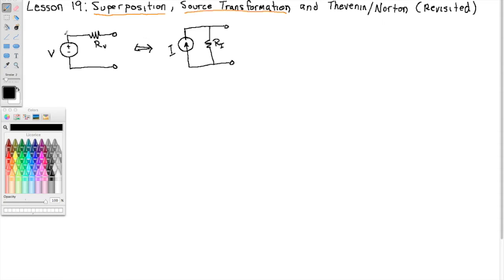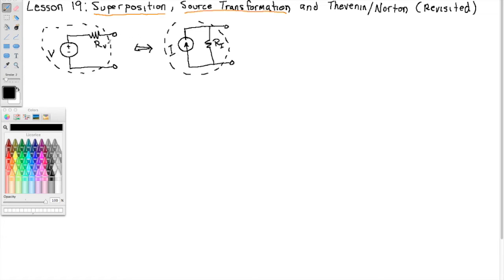So we asked the question, can I do this transformation so that everything external to this thing and external to this thing then remains unchanged? So all the voltages and all of the currents outside of this little dashed circle remain the same after the transformation. Can I do that? Yes, we showed that you can.